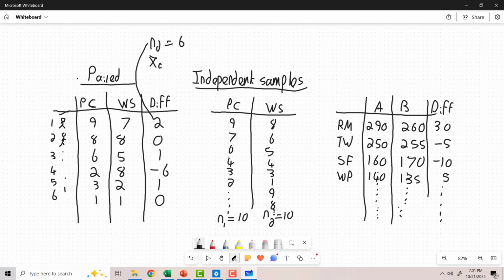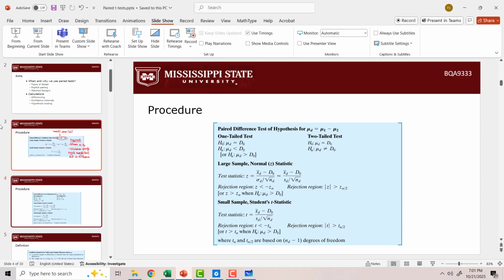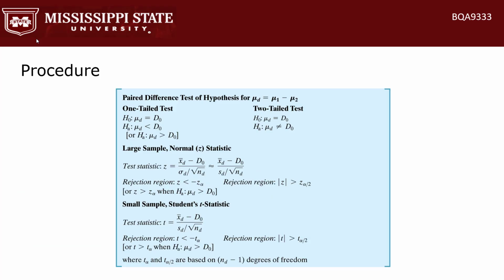And our x bar d would be 2, 3, minus 6 would be minus 3, minus 2 would be minus 2, over 6, equals minus 1 third. I'm not going to calculate SD, but it would literally just be calculating a sample standard deviation on those differences. So it's very similar to the single sample tests.